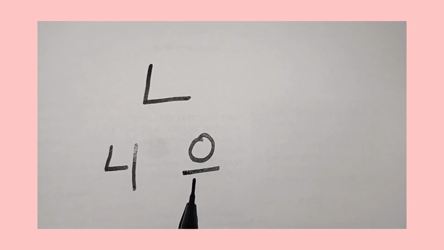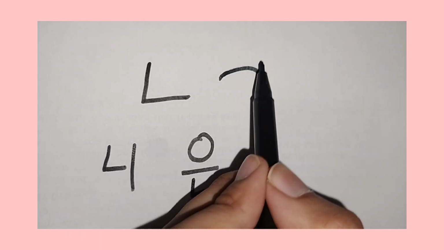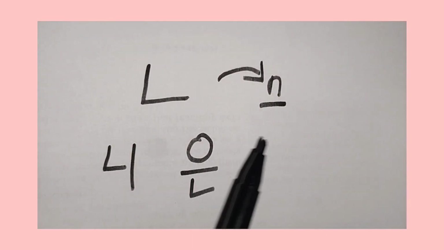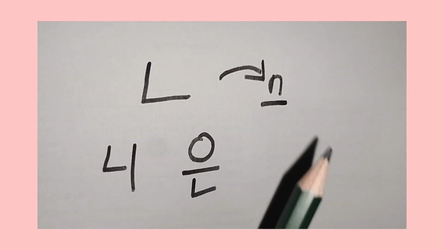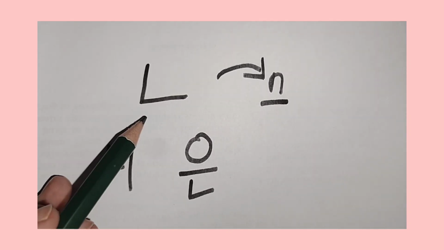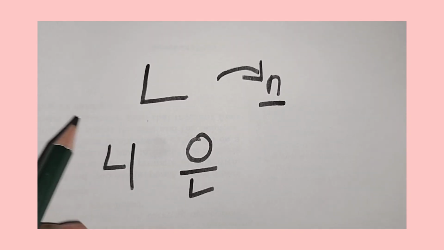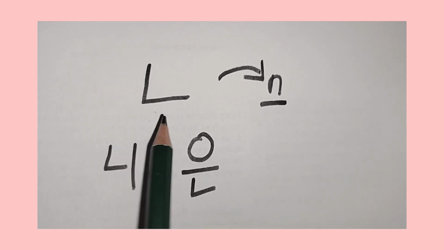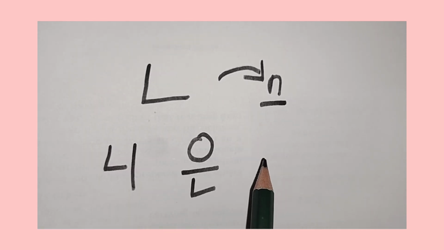The next consonant is nieun. It sounds like N, because it looks like a nose. Like in the past when we used a gun to memorize this, now we use a nose to memorize this.